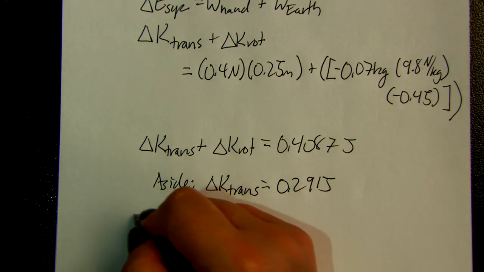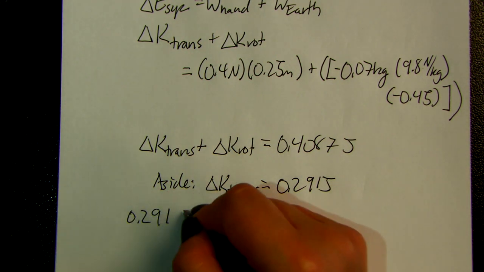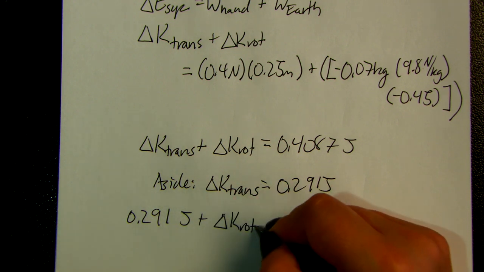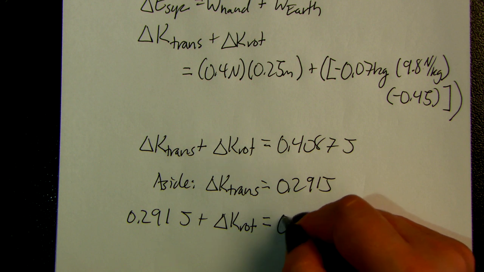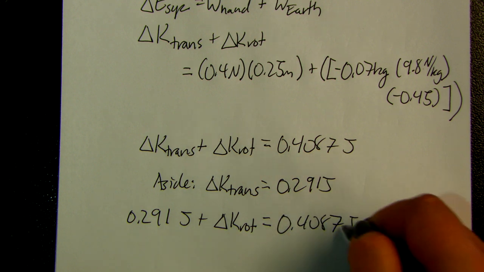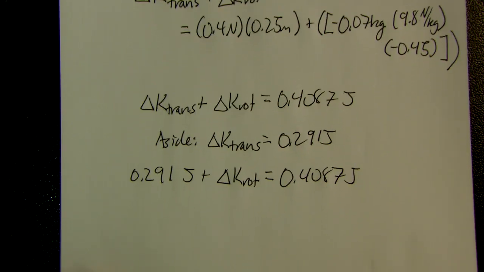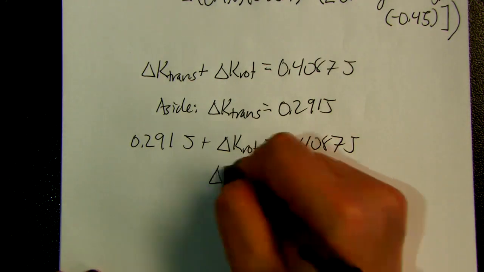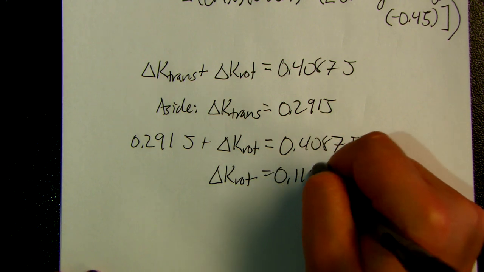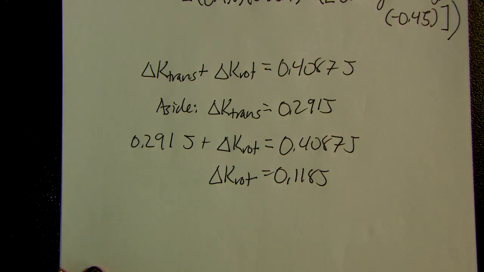Now, aside, we know that the change of translational kinetic energy is equal to 0.291 joules. So using that, we have 0.291 joules plus the change of kinetic energy rotational is equal to 0.4087 joules. Therefore, the change of rotational kinetic energy is equal to 0.118 joules. And there you go.